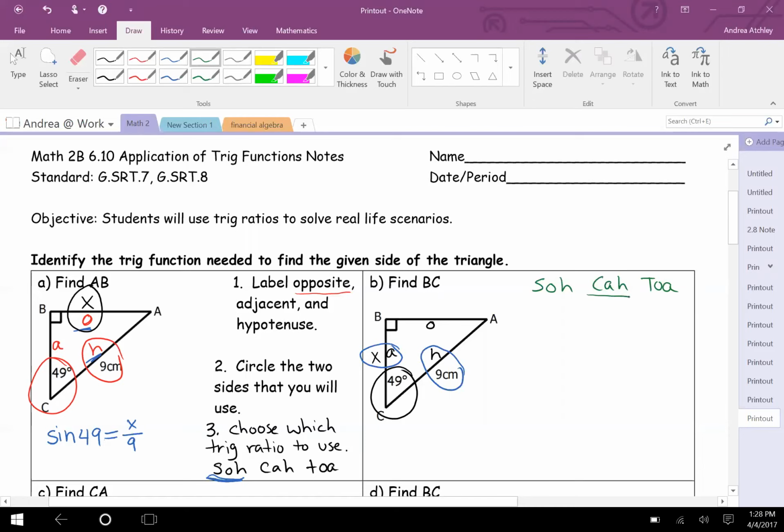So it'd be cosine. So this time we're going to do the cosine of 49 equals the adjacent side, which is my x this time, over the hypotenuse, which is 9.